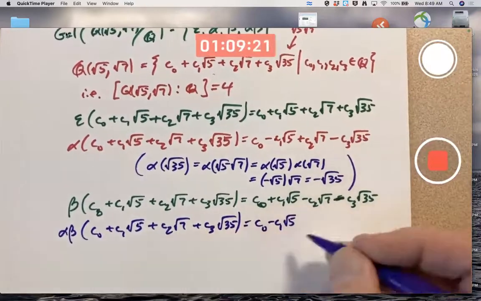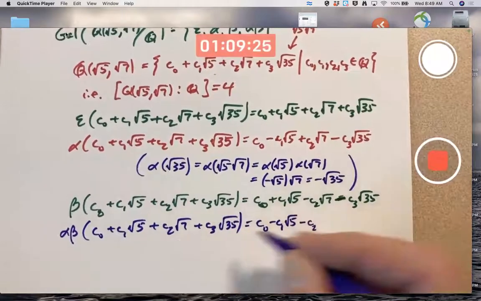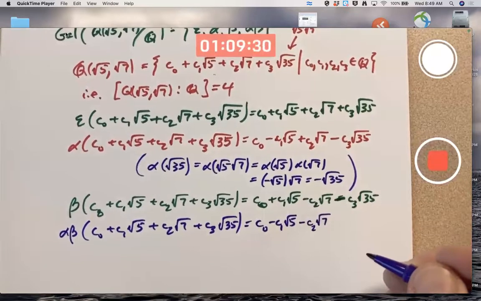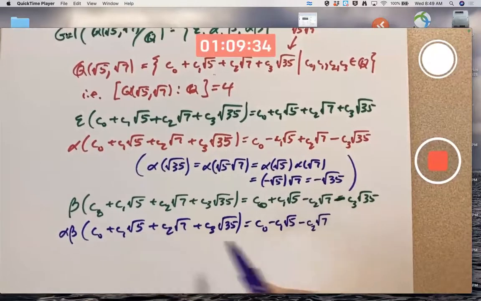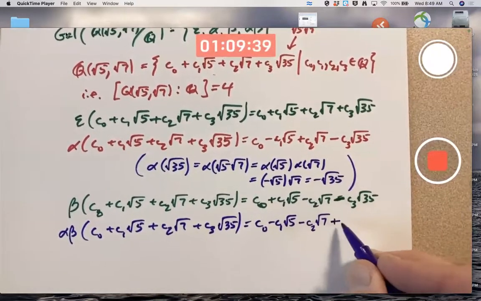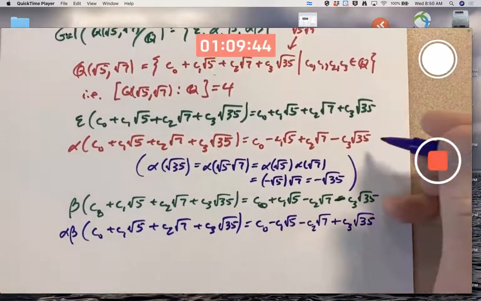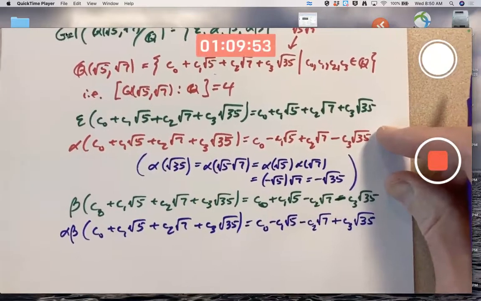Therefore, alpha compose beta is going to map positive root 7 to negative root 7. And if alpha compose beta maps root 5 to negative root 5 and root 7 to negative root 7, it's got to map root 35 to itself, actually. Both of these formulas for alpha and beta map root 35 to negative root 35. So when you compose them, the negative sign gets in there twice, and you get a plus sign.